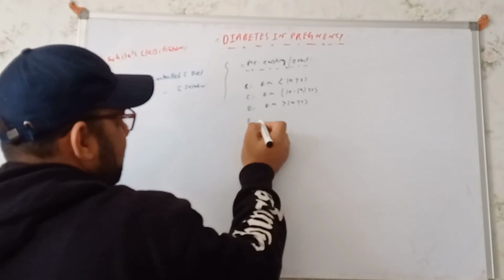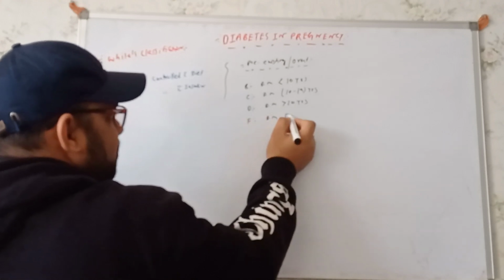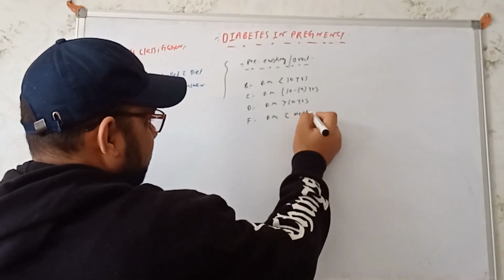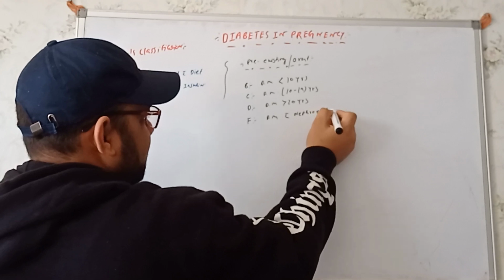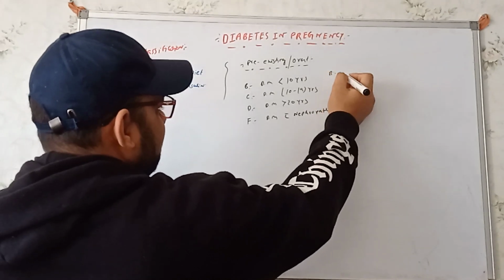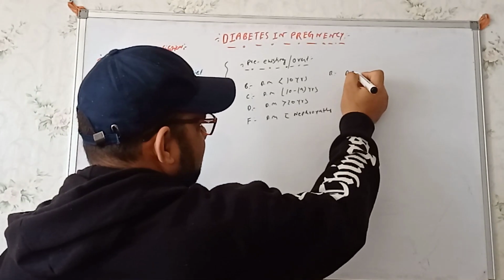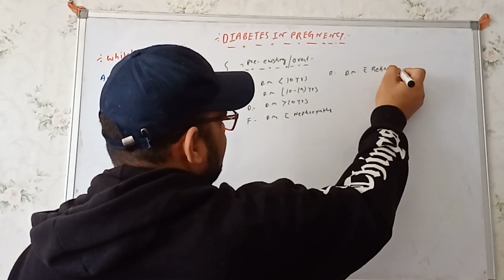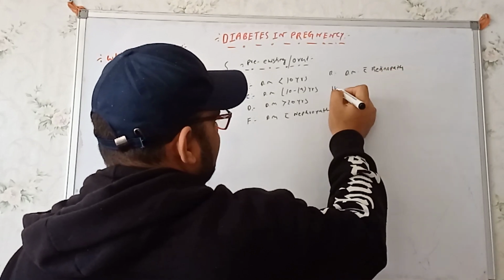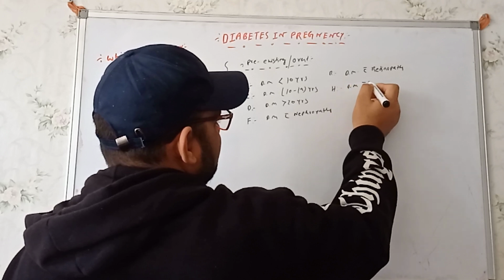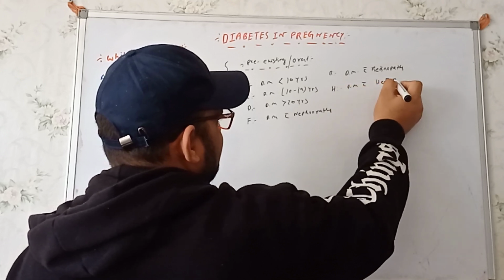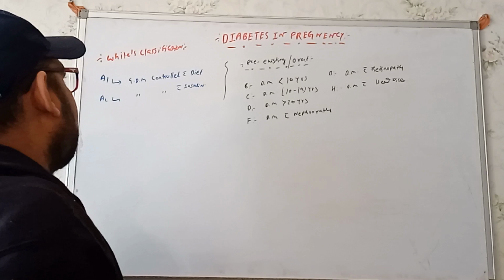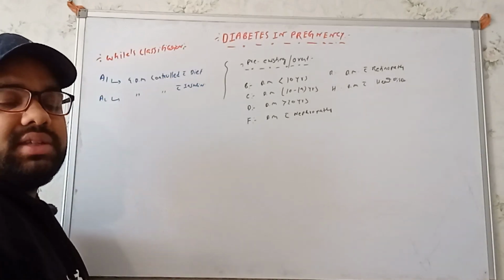F is diabetes mellitus associated with nephropathy. R means diabetes mellitus associated with retinopathy. And H means diabetes mellitus associated with heart disease. So these are the classifications for pre-existing or overt diabetes, and in terms of the White classification we see gestational diabetes mellitus.